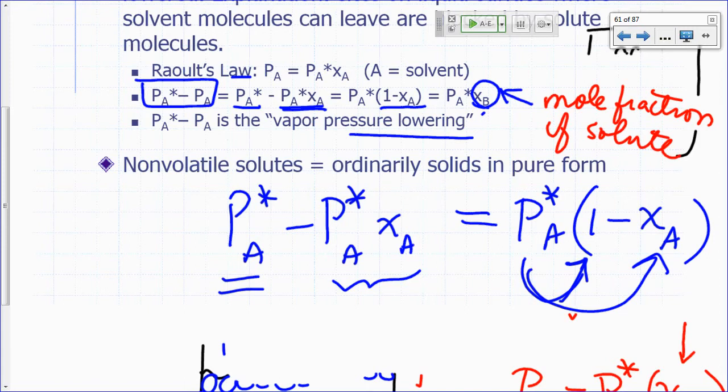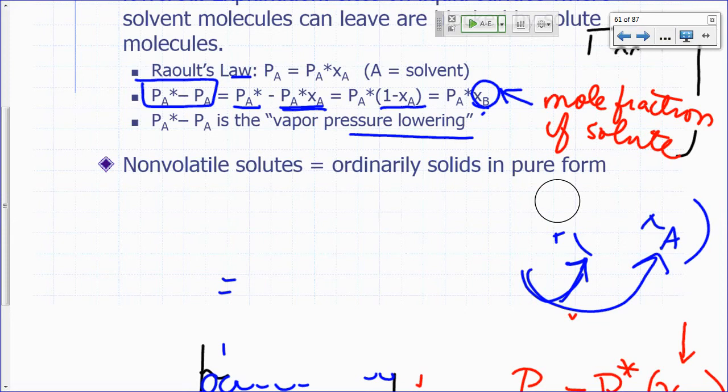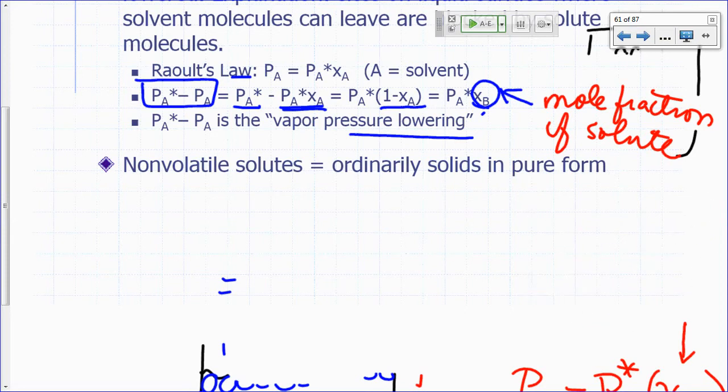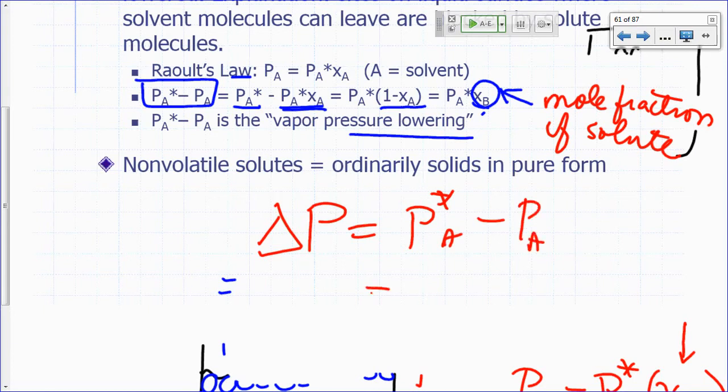So your vapor pressure lowering, delta P, which is P star A minus PA, is equal to the original vapor pressure of the pure solvent times the mole fraction of the solutes.